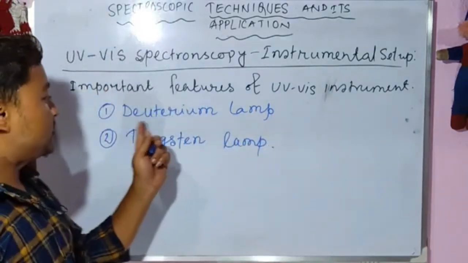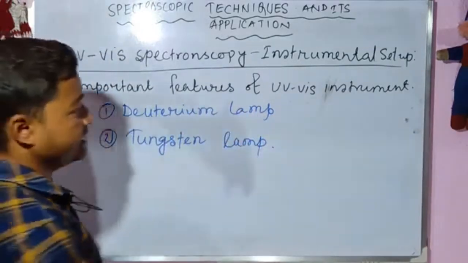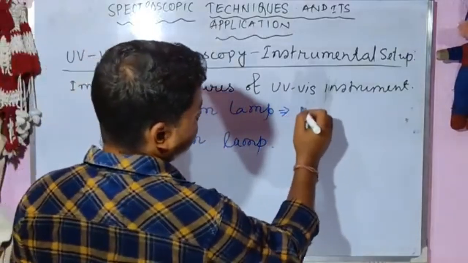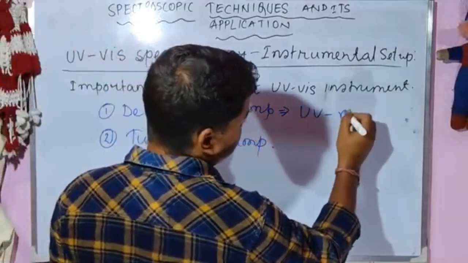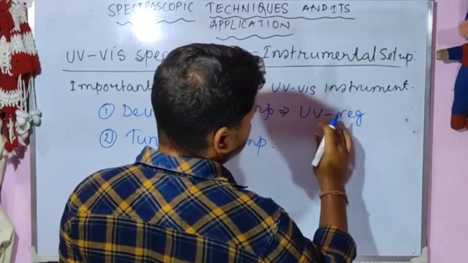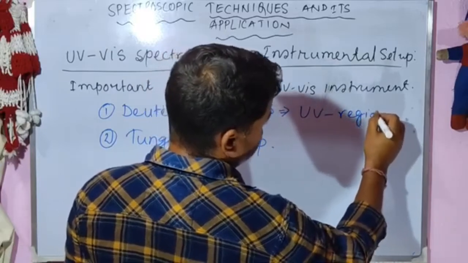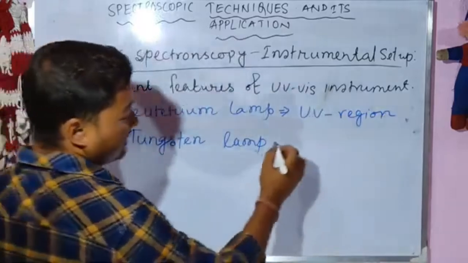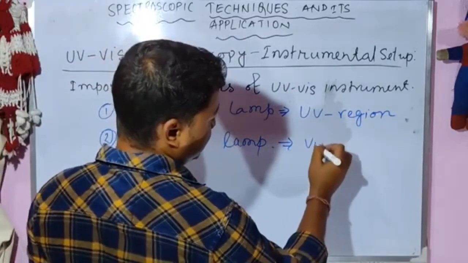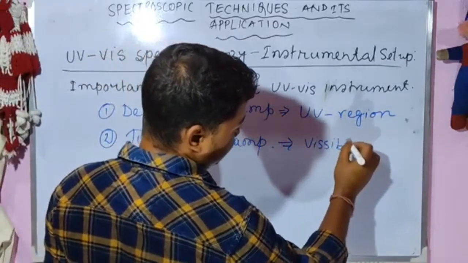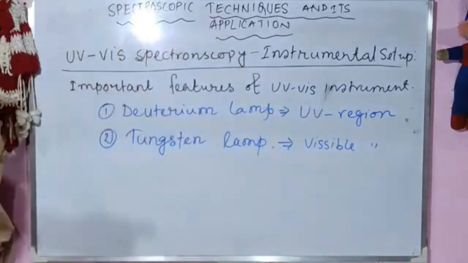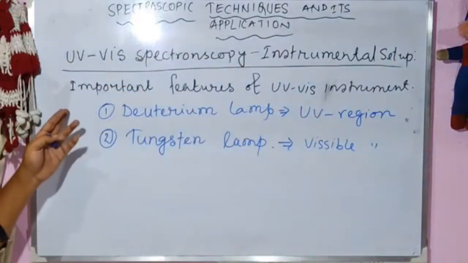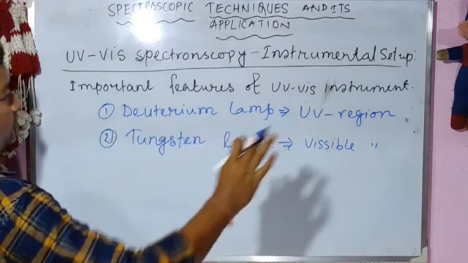The deuterium lamp covers the UV region, that is the ultraviolet region, and the tungsten lamp covers the visible region.